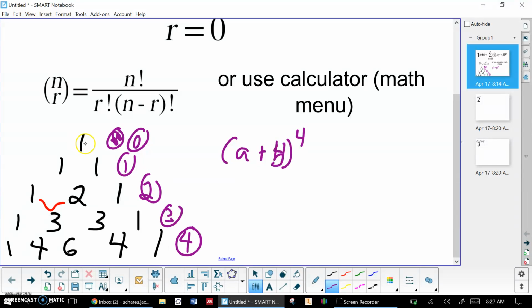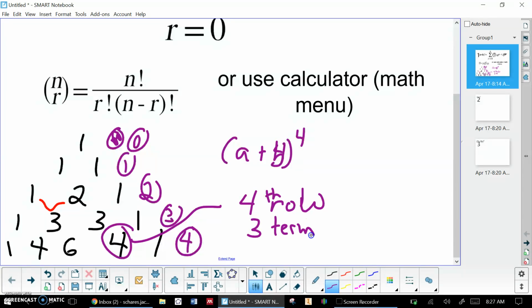So you always start with 0 on these. If we wanted, for example, the third term in that row, again 0, 1, 2, 3, this would be the fourth row, third term. In other words, 4 choose 3.